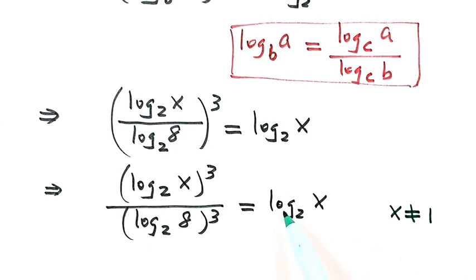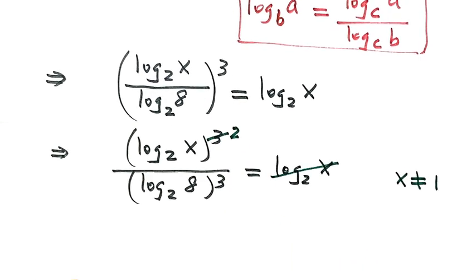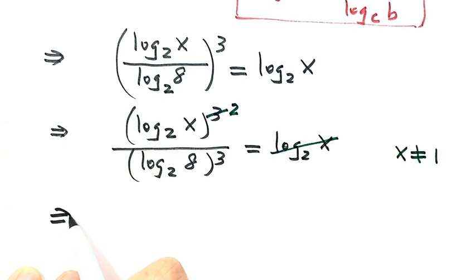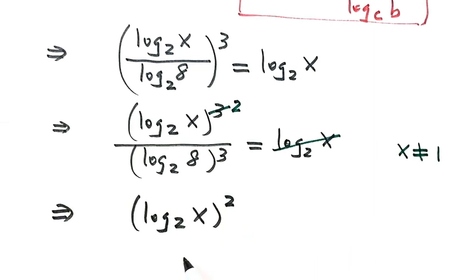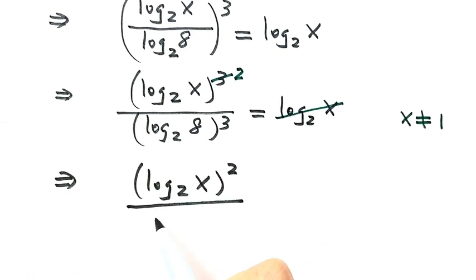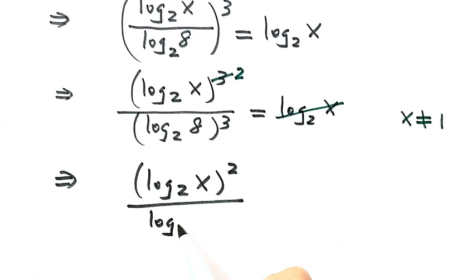So we can cancel it, and the exponent goes from 3 to 2. So we have (log base 2 of x) squared equals, on the bottom, (log base 2 of 8) to the third.